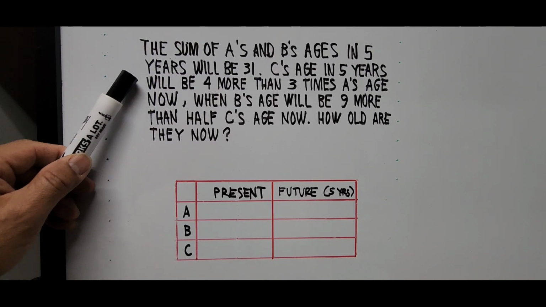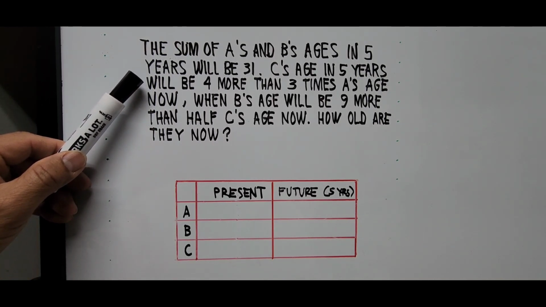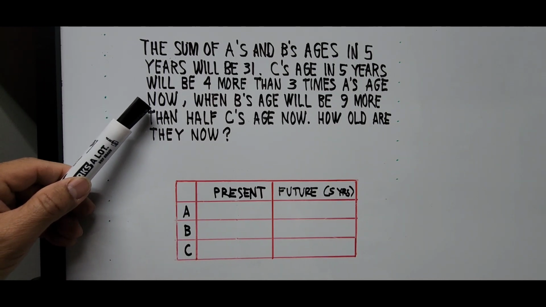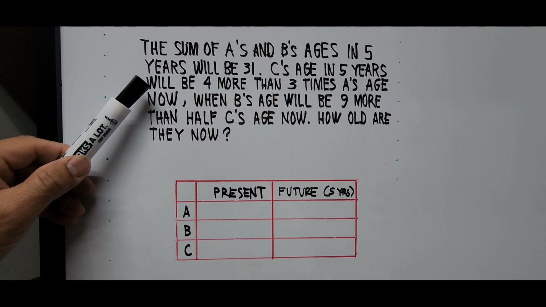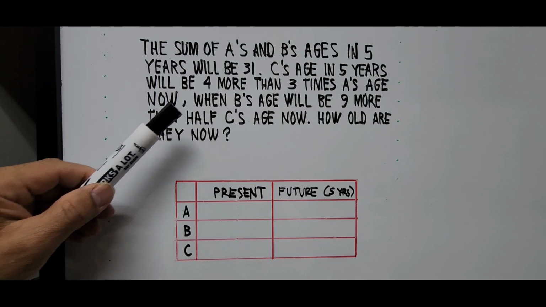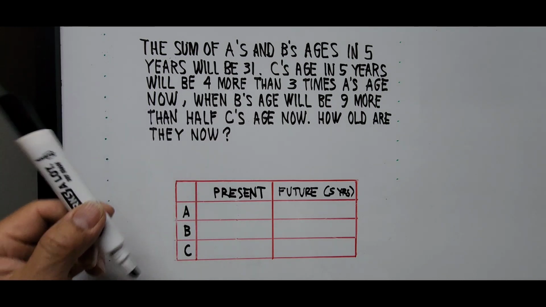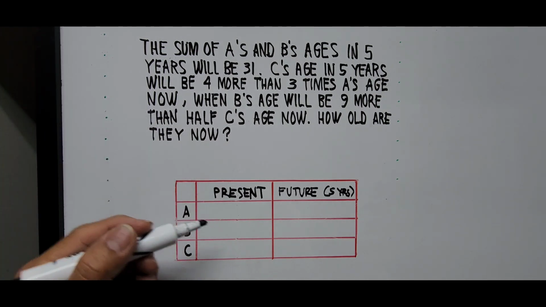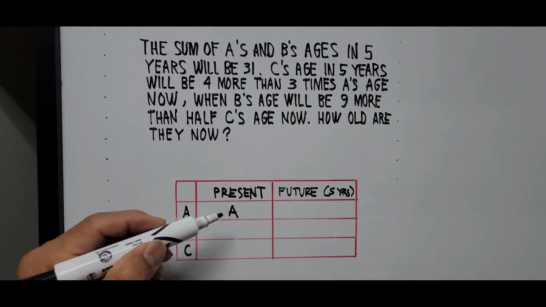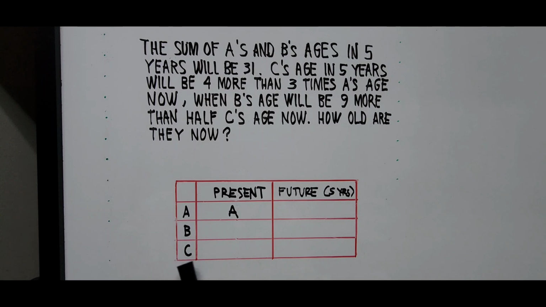We start from the second sentence, which says C's age in the future, in 5 years, compared to A's age now. So A's age now, let's put that here as A, the present age of A. And C's age in the future, in 5 years, is 4 more than 3 times A's age now.